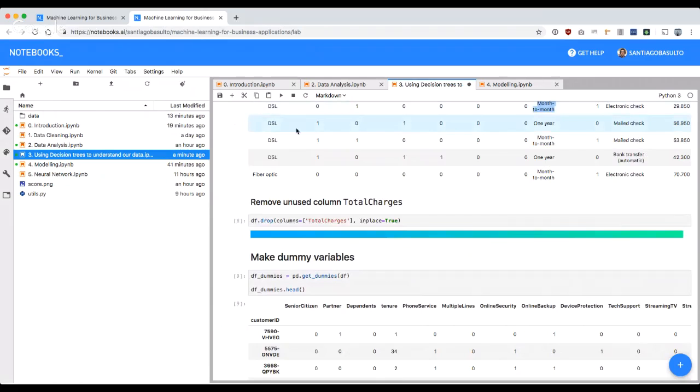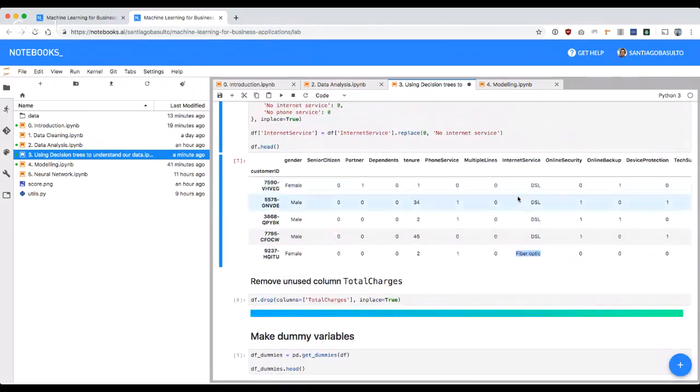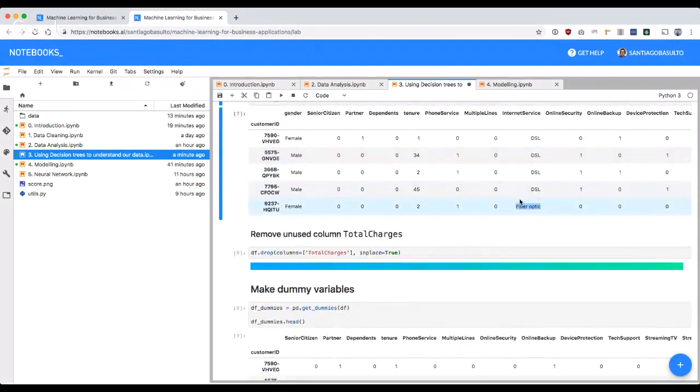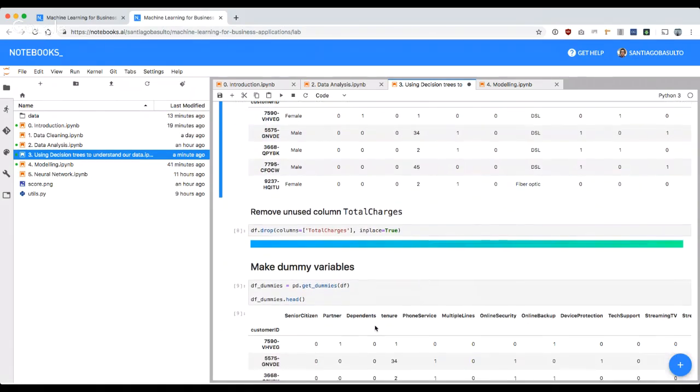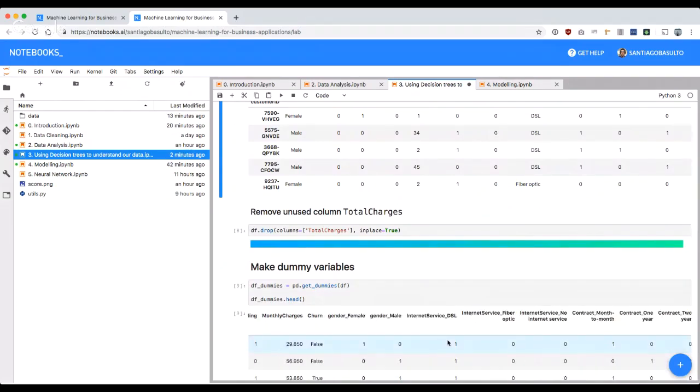Okay, and I'm going to show you an example really quickly here with internet service. We said there are two types of services, either DSL or fiber optic, or no service at all. And what we want to do is turn this thing into a numeric variable. What we're going to do is introduce the concept of a dummy variable.